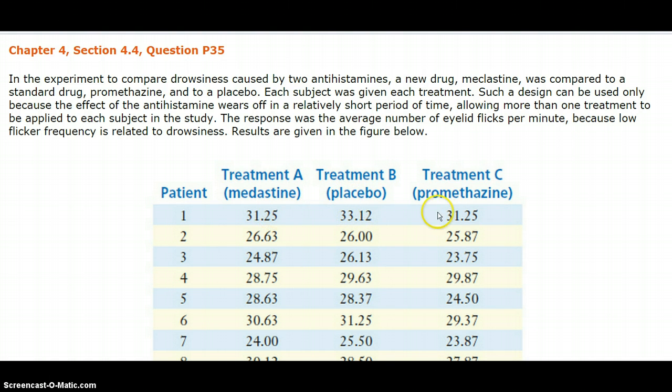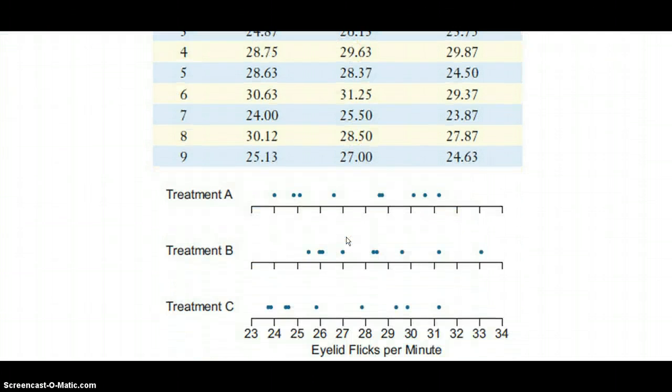And then we have what patient 1 does on treatment A and C. Because we have all three measured on patient 1, it takes out the variability due to maybe patient 1 being a caffeine addict, or maybe patient 1 has a little kid and doesn't get much sleep in general. There could be all these things about patient 1, but by giving patient 1 all three, we can take out that variability related to patient 1 or patient 2 or patient 3. So there are a lot of advantages to that design.